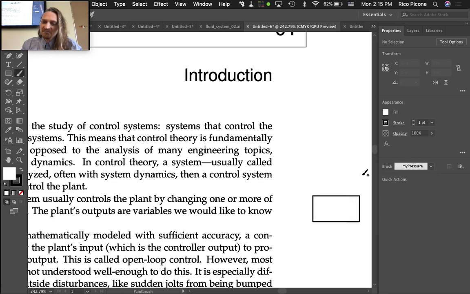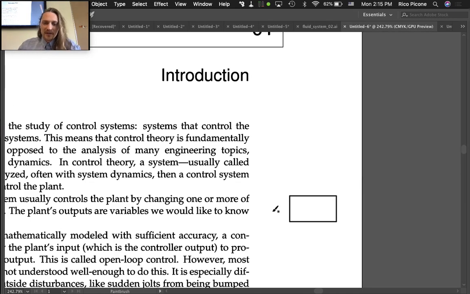Let's just say it was a single input, single output system, but in general there could be multiple inputs and multiple outputs. If this is your plant, the controller is going to mostly influence what that plant does by controlling its inputs. Controlling inputs to the plant.